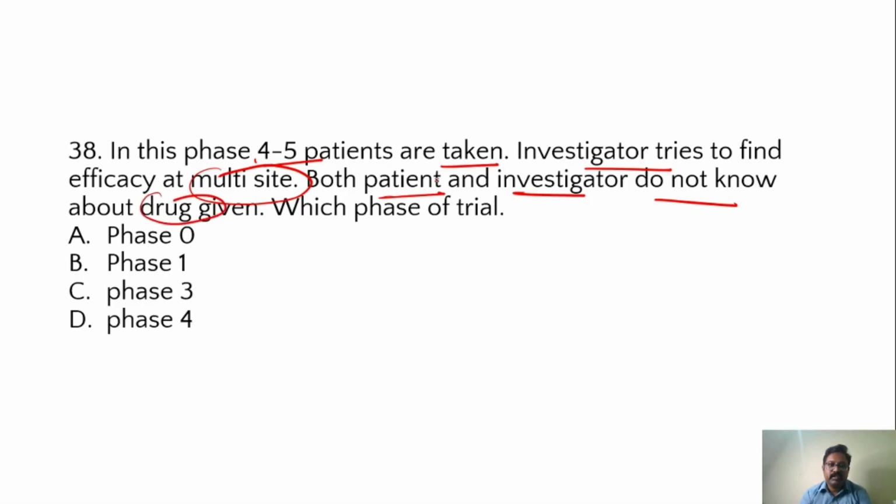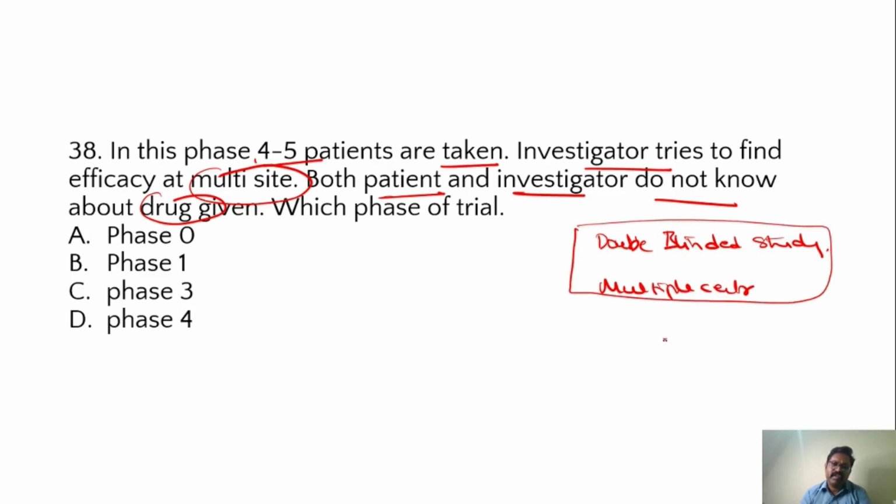If the patient and investigator don't know, it is a double blinded study, and they are doing it in multiple centers. So these go in favor of phase 3. The only worrying part is that they are done in 4 to 5 patients itself. But it can be correlated.